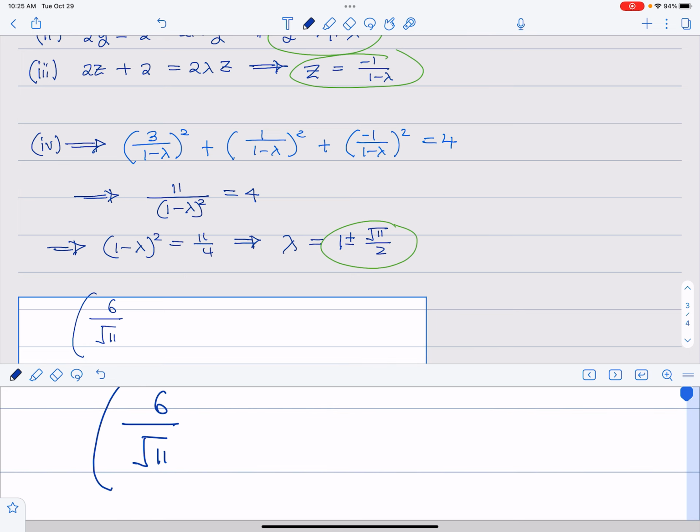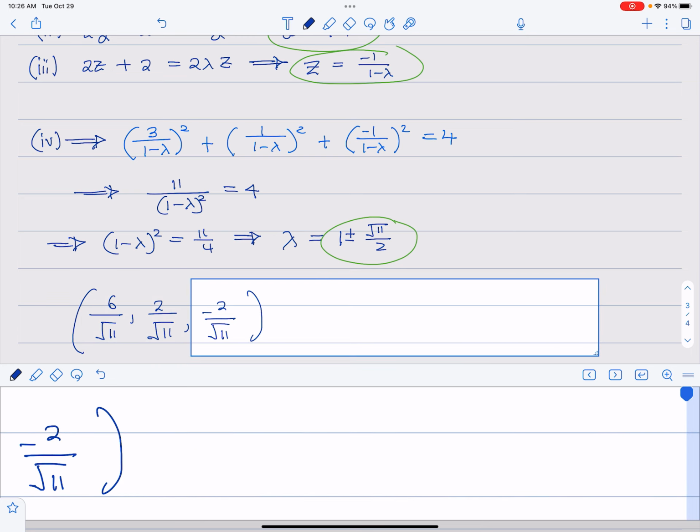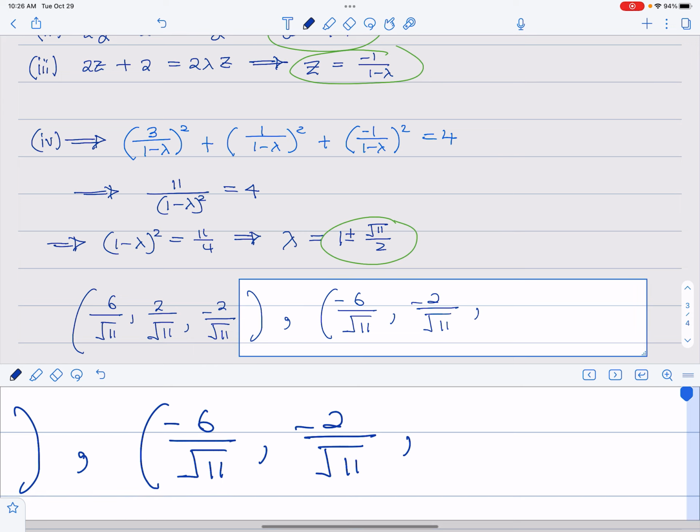So when I plug in 1 plus square root of 11 over 2, I got 6 over root 11, 2 over root 11, and negative 2 over root 11. And when I plugged in 1 minus root 11 over 2, I got negative 6 over root 11, negative 2 over root 11, and then 2 over root 11.